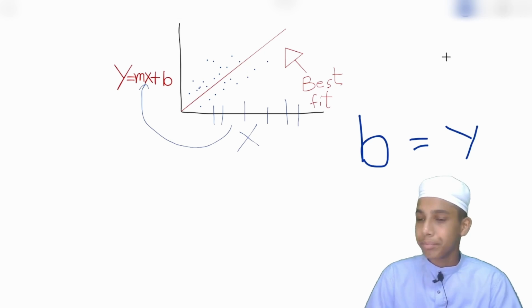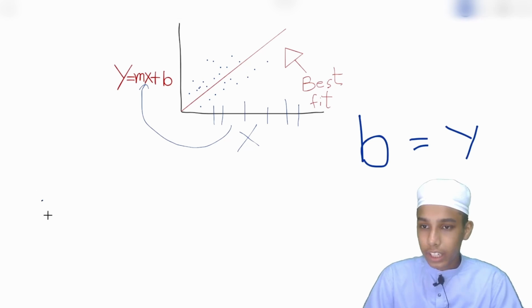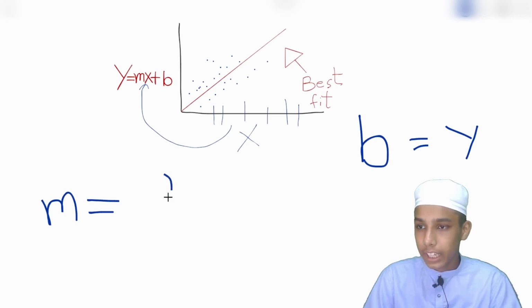Now let's figure out how m is defined. First of all, I'm going to give here m equals x into y.